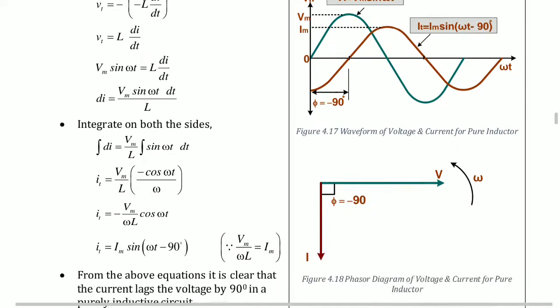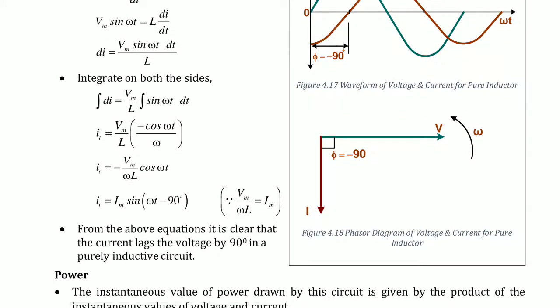In the phasor diagram of voltage and current, the x-axis is taken as the voltage reference and the y-axis as the current.